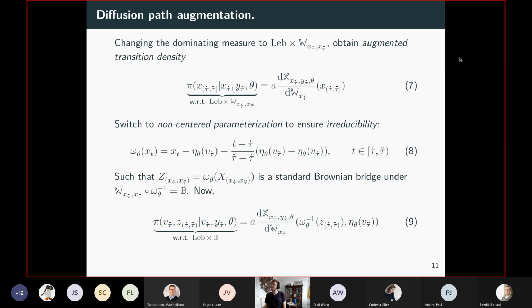And if we change the dominating measure to the Lebesgue measure for the endpoint and the Brownian bridge measure between values x tau dot and x tau double dot, we obtain what you could call an augmented transition density for this section of the path of X.